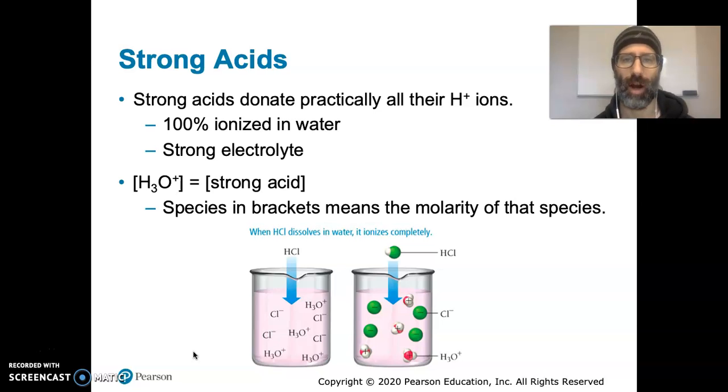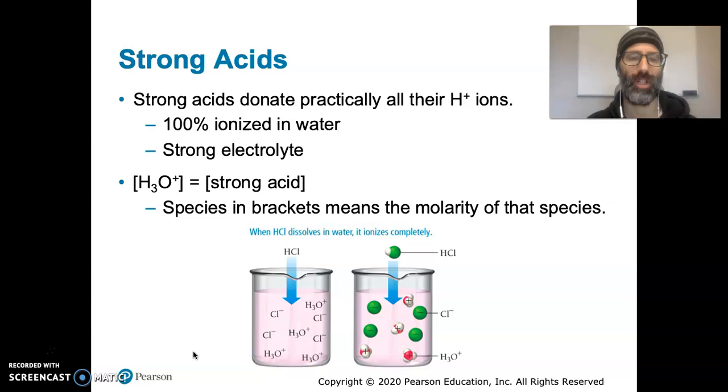Electrolytes are substances that form ions when you put them in water. Basically, all of the hydrogen that is released is picked up by water molecules. Remember, we don't have H plus ions or individual protons floating around in water. It's all in the form of hydronium ions.